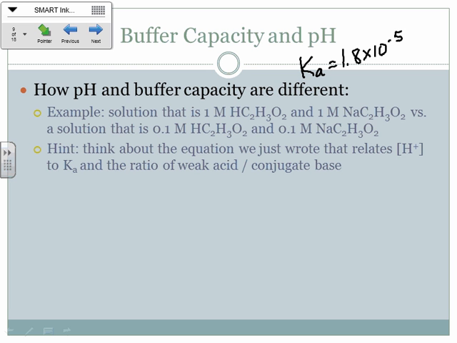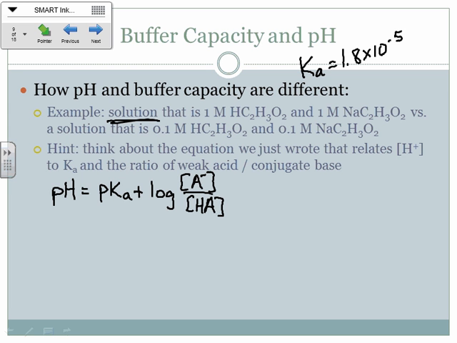So remember that Henderson-Hasselbalch equation: pH equals pKa plus the log of A minus over HA. Base over acid, okay? So what is my base concentration for the first solution? 1, right?